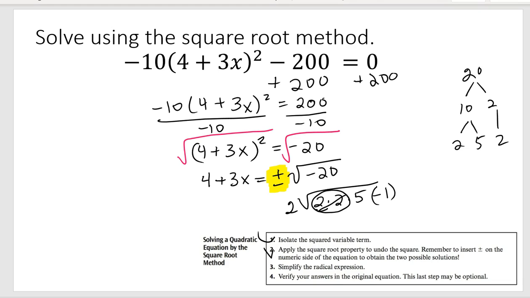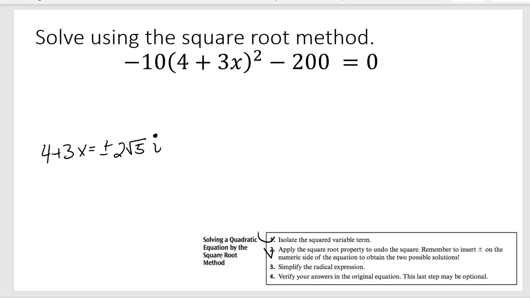And if I take the square root of negative 1, this is going to be i, because we know that the square root of negative 1 is equal to i. It's an imaginary number. So I'll end up with 4 plus 3x is equal to plus or minus 2 square root of 5 i. And notice the i is not under the radical sign.